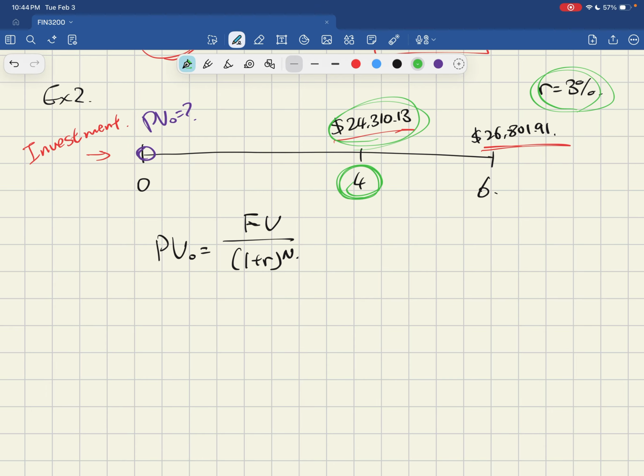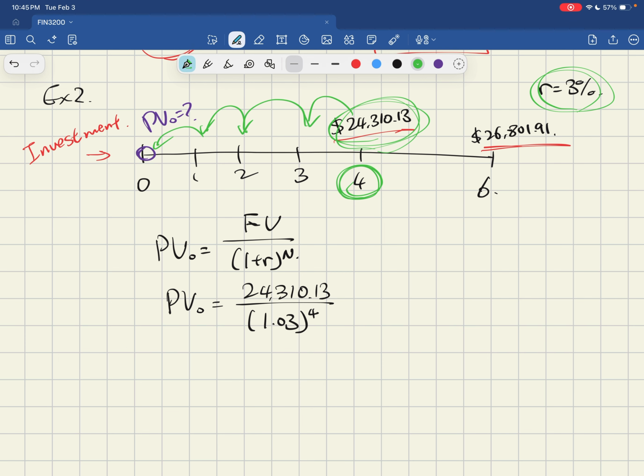Okay. So PV is 24,310.13 over 1.03 raised to the 4th power. Okay. So this would be this value being discounted 4 years back to time 0.